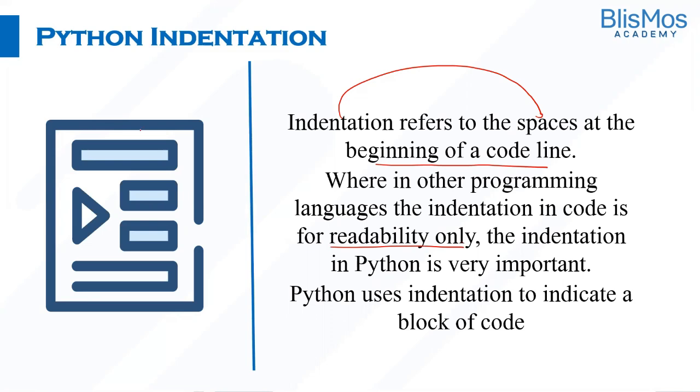But in Python, indentation is very important because Python uses indentation to indicate a block of code. In case you vary the indentation, the inference of a block may change. That is the reason you should be very careful with indentation in Python.